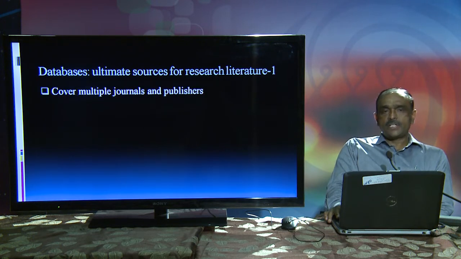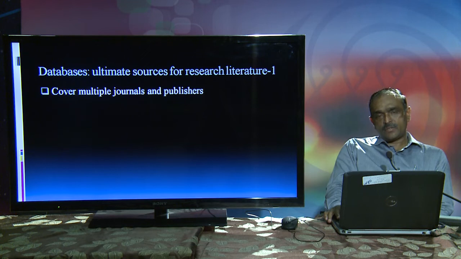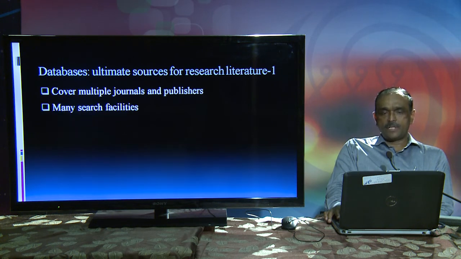When it comes to the searching of literature, databases are the most valuable sources for research. The reason why they are considered the most valuable sources is that they cover a number of journals published by various publishers across the globe.